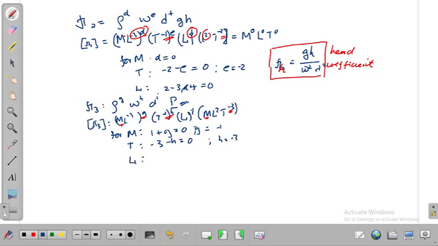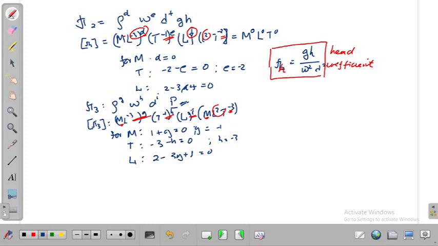Then for L, you can see that for L we have -3g here, we have that one there, and we have that one there. So for L, we can see that 2 minus 3g plus i is equals to 0.